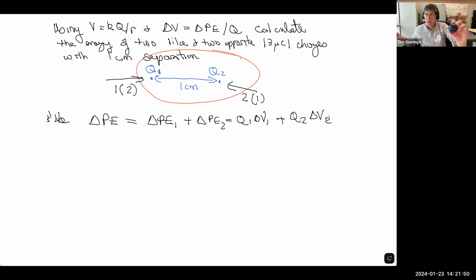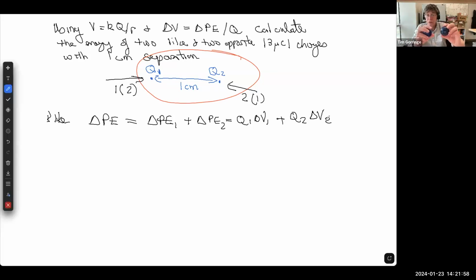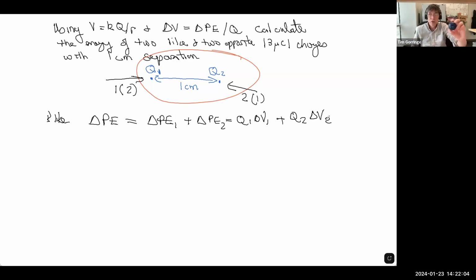And then the same thing for the second charge, charge number 2. When I move that from far away to nearby, what is the change in electrical potential in this case? So we've got 2 changes going on here, this one here and this one here.